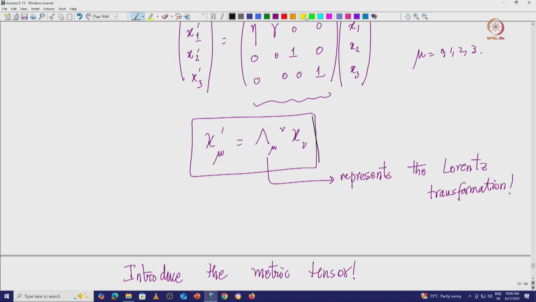Under this condition, this is important.